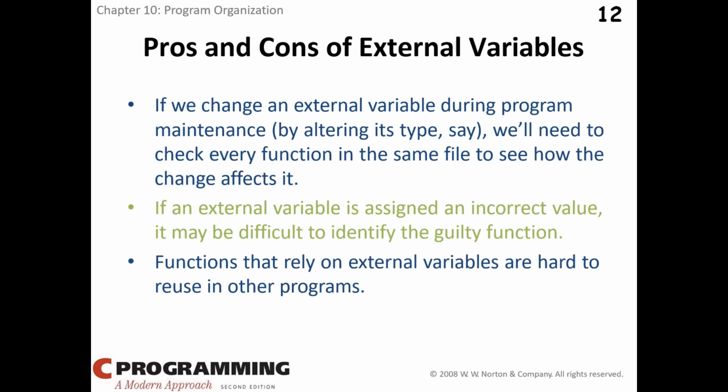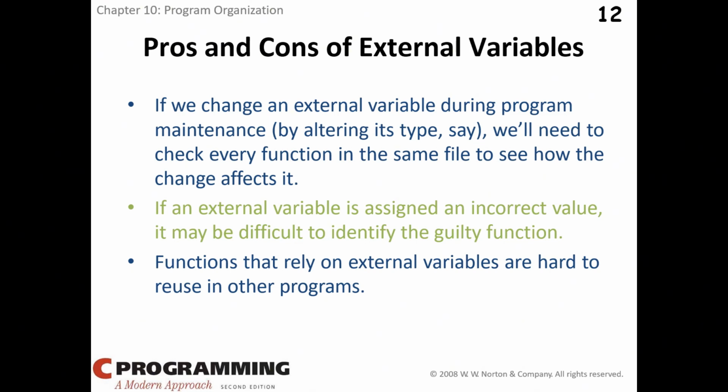One of the potential drawbacks of external variables is that if we make changes to them during program maintenance, such as altering their type, we'll need to carefully review every function in the same file to understand how these changes affect them. This can be quite a time-consuming and error-prone process, particularly in very large programs.